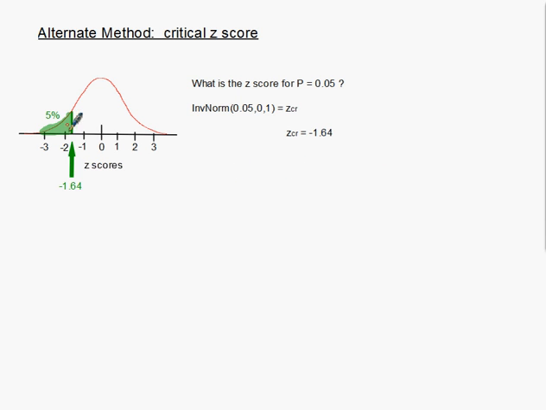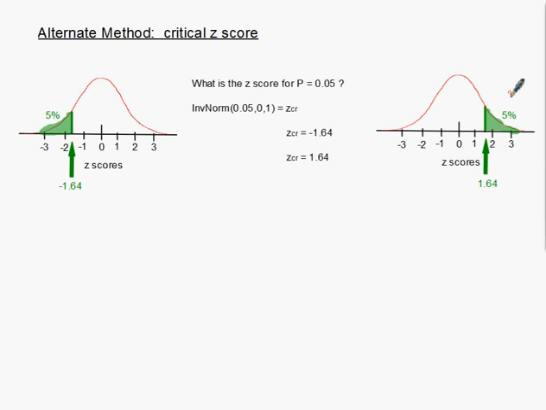Here's the 5% that I plugged into my inverse norm, and I had my mean and standard deviation, and so here's this 5% critical z-value. Now you'll notice that for our Prevnar, we were actually doing a positive one-tailed test, but of course these are symmetric, so 5% on this end, the z-score will just be a positive 1.64.